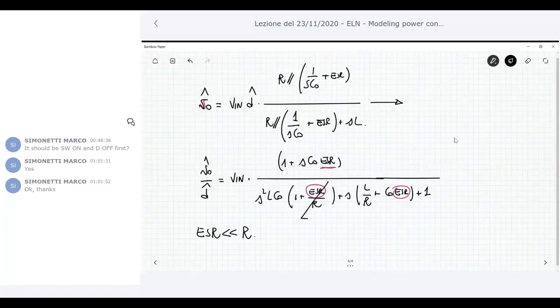The other situation is that the time constant L over R is typically much larger than C naught ESR, because ESR is very small. So also here you can see that this is nearly close to 0. So this can be rewritten in this way.